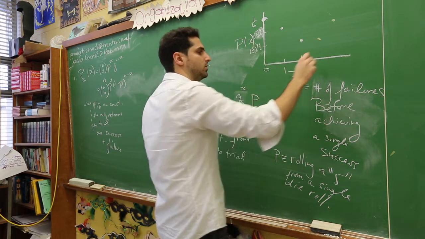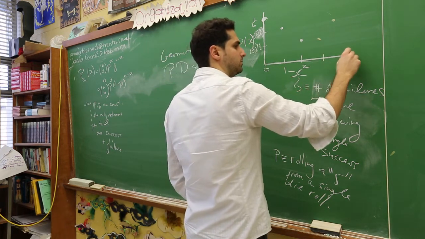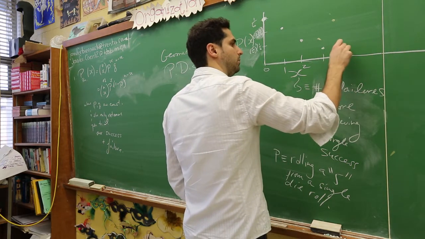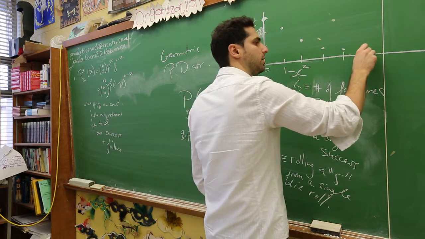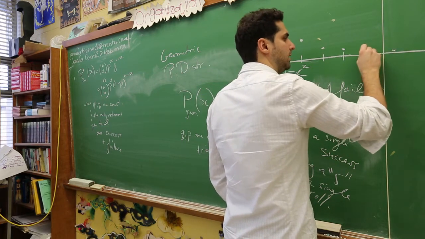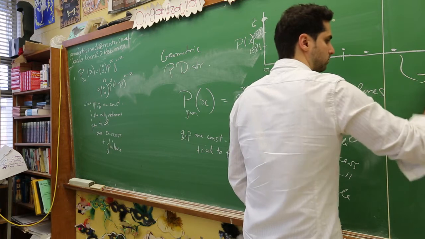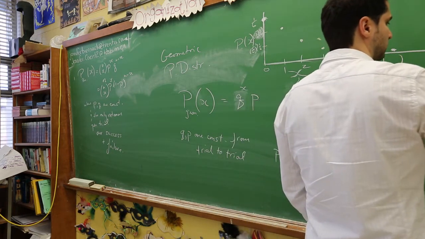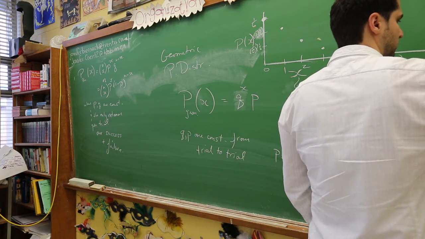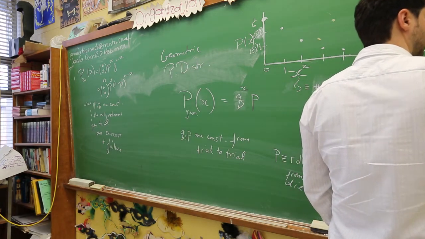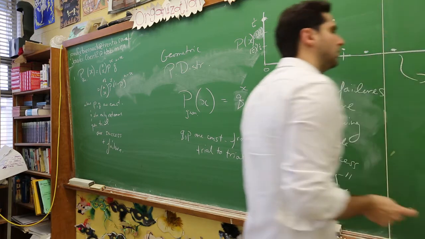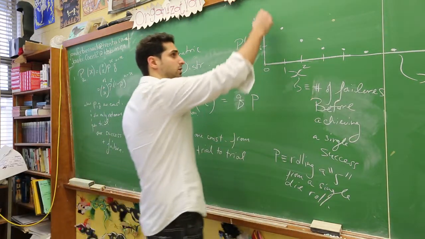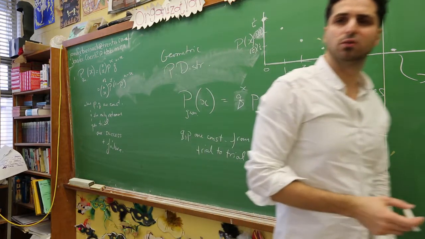And so what you see is that you end up with a horizontal asymptote of 0, right?